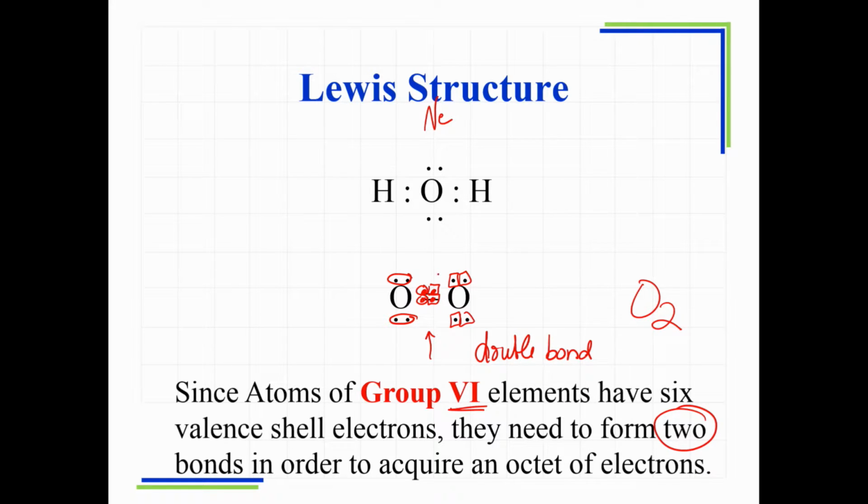But if we look at the oxygen on the left, he claims his 4 that's attached to him plus the 4 more that are shared, and he says, I'm happy, I have 8 electrons. The oxygen on the right has the 4 that he's not sharing plus the ones that have been brought in to share, and he says, I have 8 electrons. So here we have it forming 2 bonds, but those 2 bonds are actually between 2 atoms, and that's a double bond.